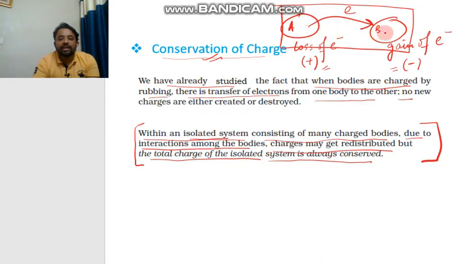If there is an interaction between the two bodies, say we are rubbing them, then there will be a redistribution of charges, some of the electrons will move from body A to body B, but no new charges are being created or destroyed. There is just a redistribution. So charges are neither created nor destroyed. So this is known as conservation of charge.